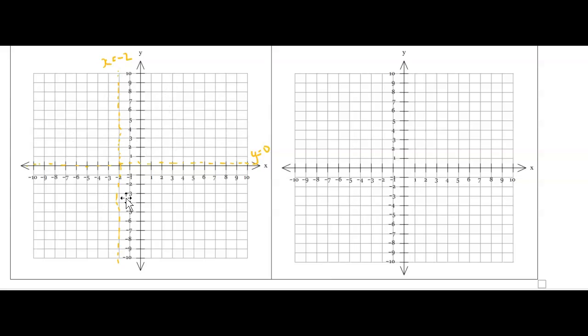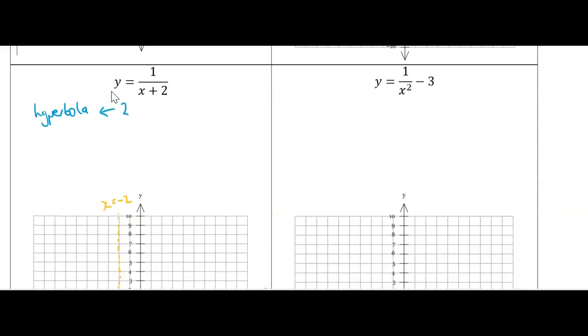I can see that we're not going to have axis intercepts down here, so I'm just going to sketch that one. But for the top part, I am going to cross the y-axis, so I'm going to have to find the y-intercept. Let x equal 0.